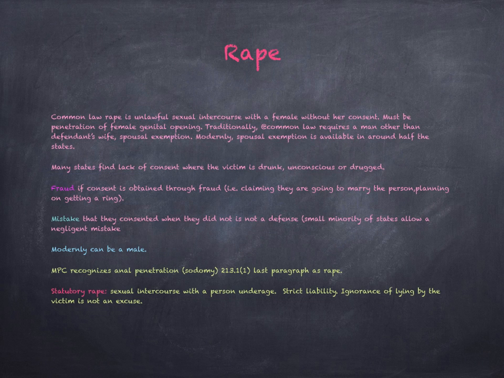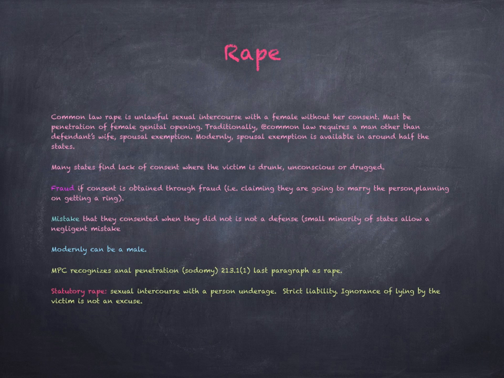Now, many find lack of consent where the victim is drunk, unconscious, or drugged, either voluntarily or involuntarily. Now, fraud is another way that someone can be raped. For example, if a man lies to a woman to induce or seduce her, he can be convicted of rape.